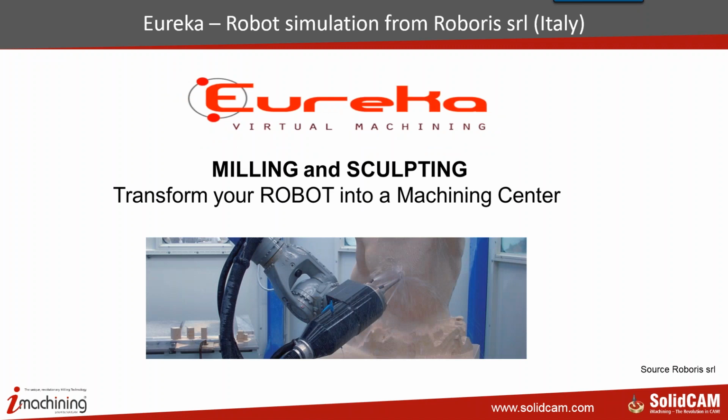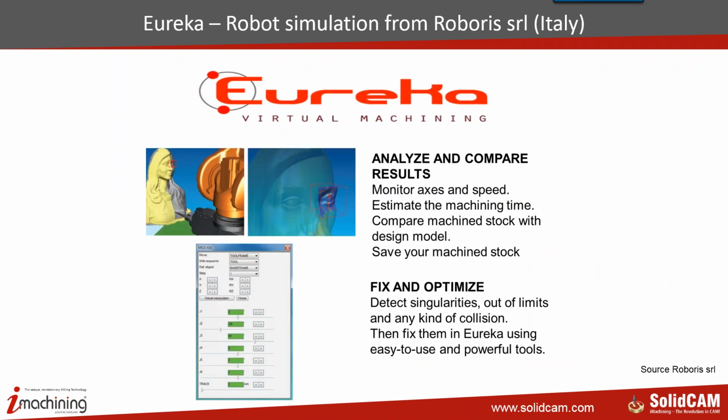The robot module is for milling and sculpting, transforming the robot into a machining center, which is what we are talking about today. They have options to analyze and compare results, monitor axis and speed, estimate machining time, compare machining stock with the design model, all this stuff that software has.